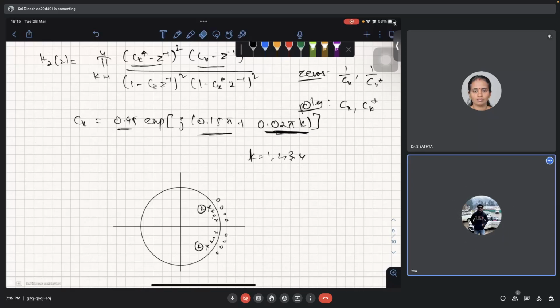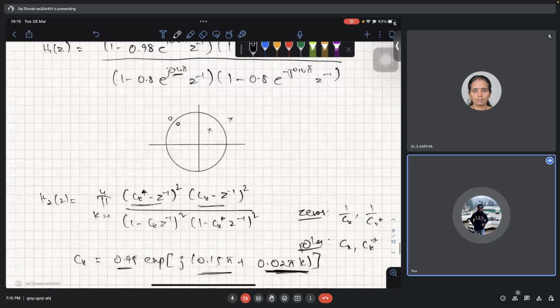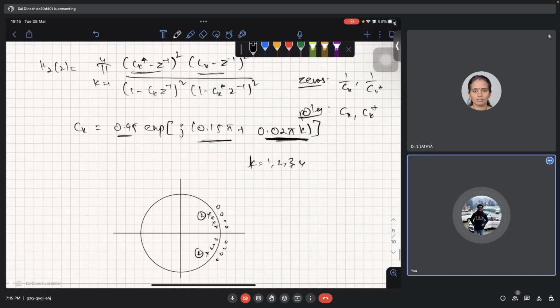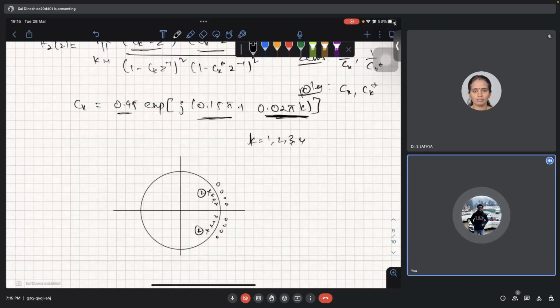This is how the Z transform of this system is, and it has a very simple structure, which is quite interesting.